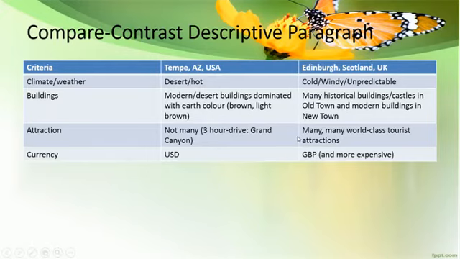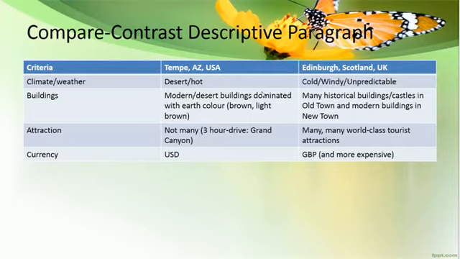As we have learned, descriptive paragraphs allow readers to imagine the people, the thing or the object, or the place that the author is describing. In a compare-contrast descriptive paragraph, the purpose is unchanged.